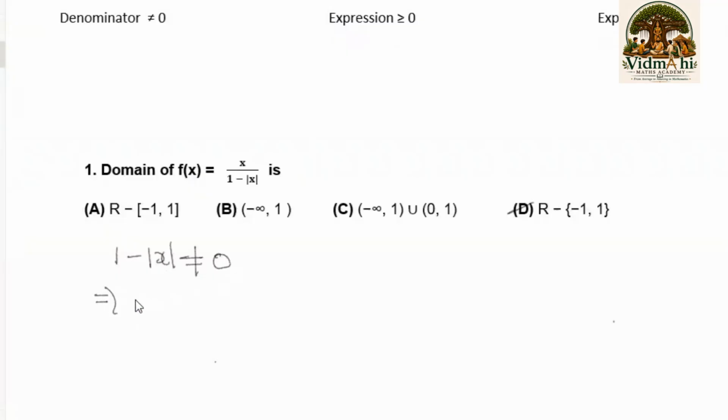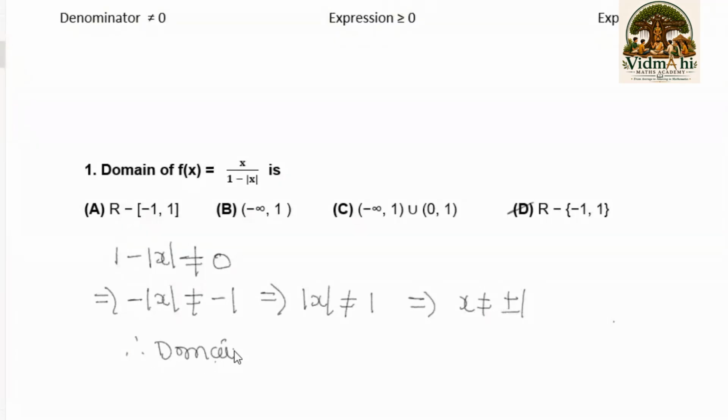Then minus mod x is not equal to minus 1, so mod x is not equal to 1. Mod x is not equal to 1 means x is not equal to plus or minus 1. So the domain of this function is the whole real number set except minus 1 and 1. So option D is the correct one.